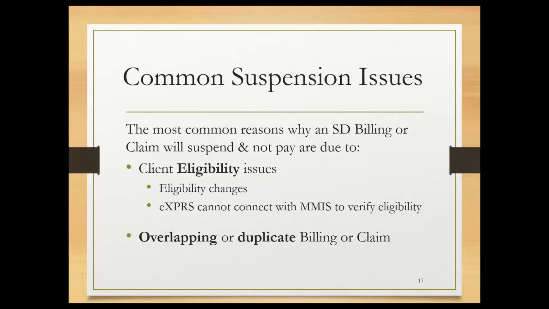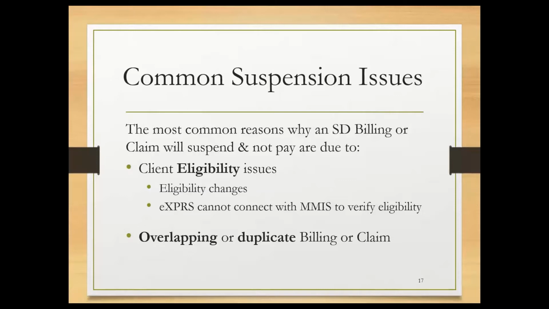And so we'll suspend that claim because eXPRS isn't sure what to do with it, since that answer is assumed to be no. We don't want to expend and claim Medicaid matching funds in error if we can avoid it. So that's why that's kind of a stopgap there.